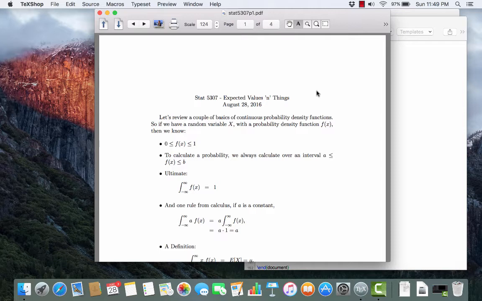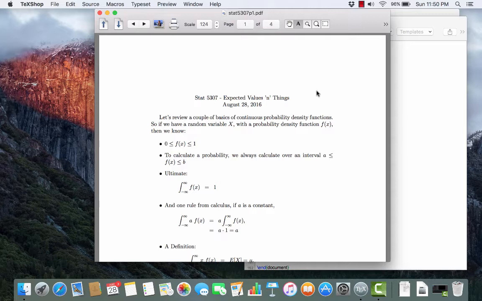And to calculate a probability, it's always over an interval, and we talked about that a little bit. You don't take it just at a point, it's always over an interval. As we know, if I integrate from minus infinity to infinity, it goes to 1 by definition.